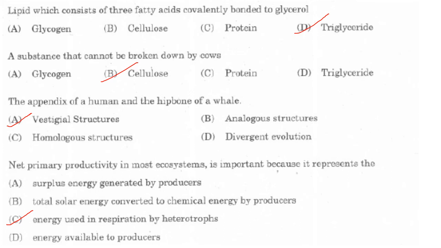Then, net productivity in an ecosystem is important because net primary production provides the energy for all heterotrophic activity. So, answer is option C. Energy used in respiration by heterotrophs.